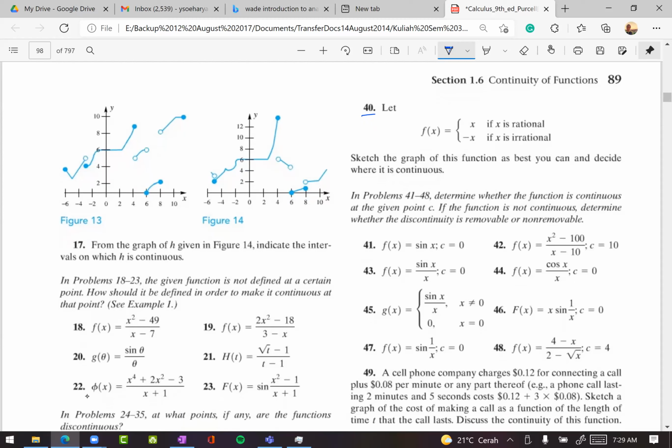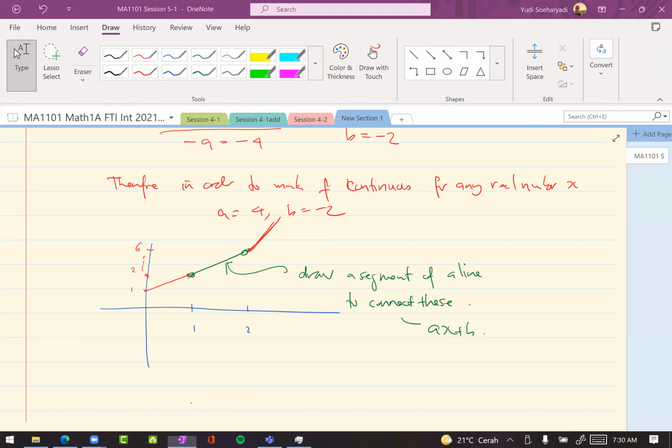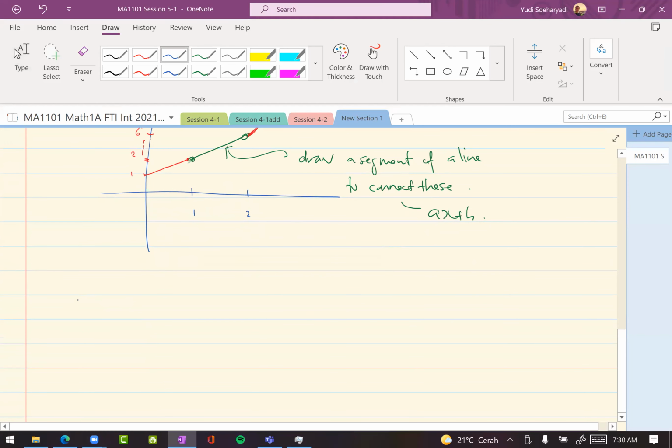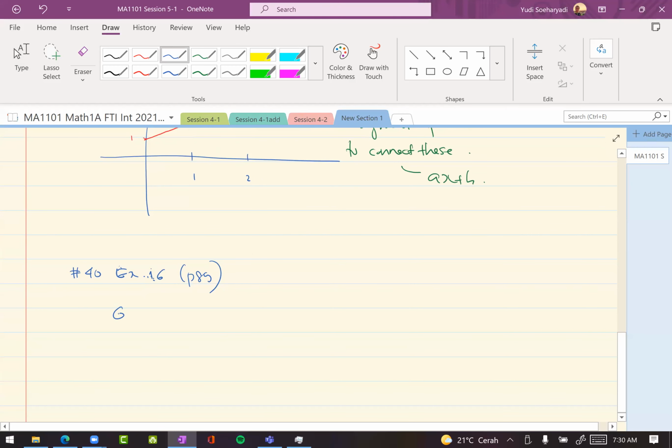So what's interesting in this one is, exercise 1.6. Given a function: x if x is rational, and minus x if x is irrational.